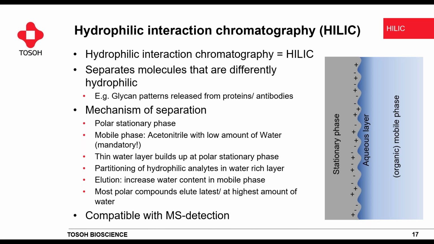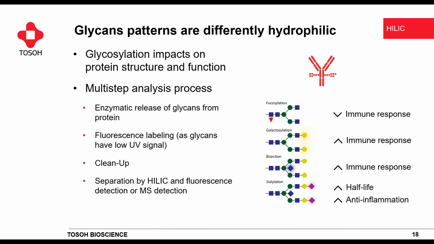The beneficial thing about HILIC is that you can directly use it with mass spectrometry, for example, because you already have an organic buffer that is, for example, acetonitrile. That's really good, I have to say. Different glycan patterns are differently hydrophilic. So, of course, they impact the protein structure and the function of your protein.